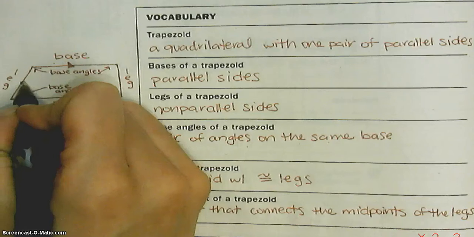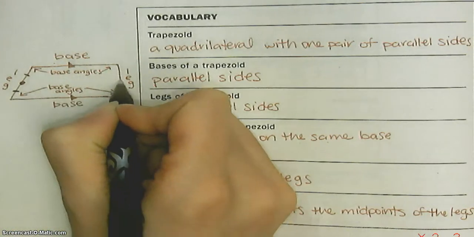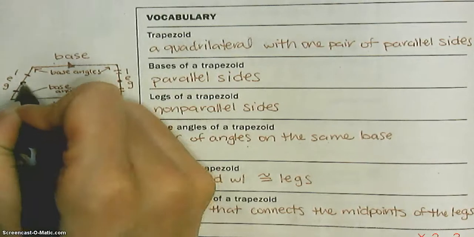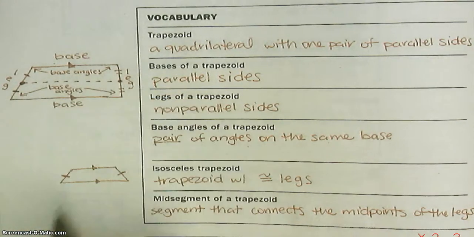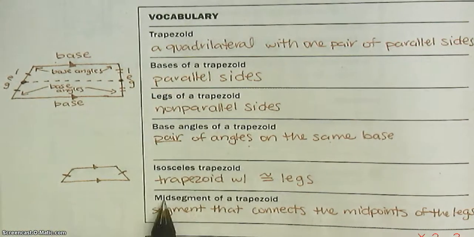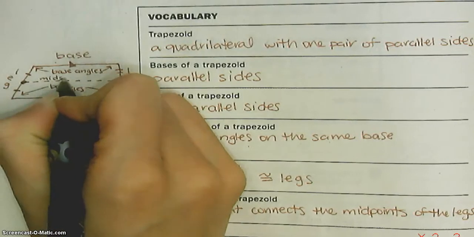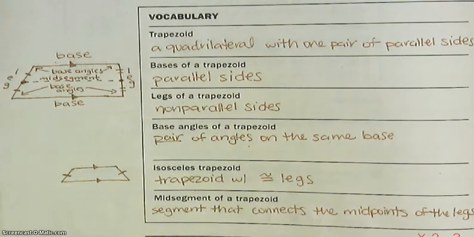So find the middle, mark it that you found the middle. Find the middle over here, mark it, and then connect. That segment right there is called the mid-segment. So hopefully you could fit all of that in your picture.